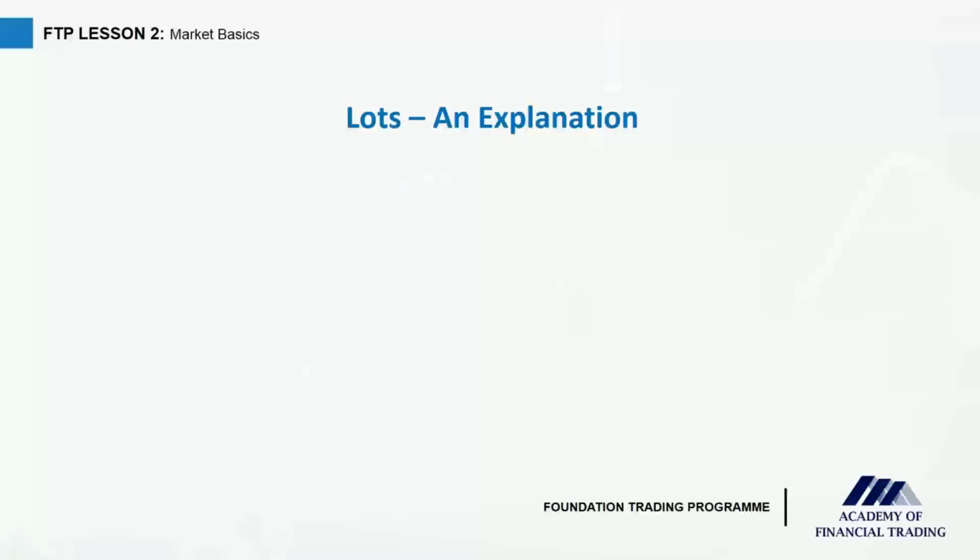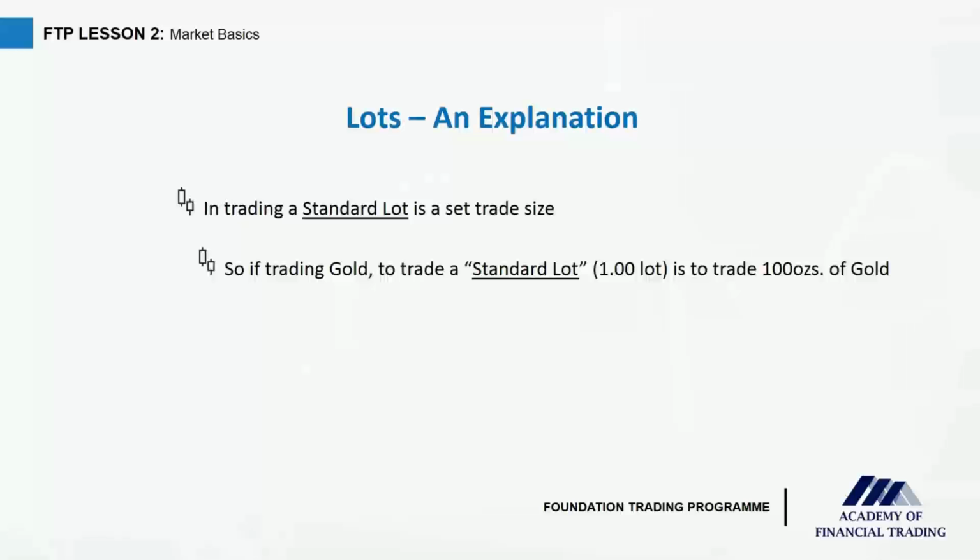A standard lot, let's say in a foreign exchange market, would be 100,000 of that currency. So if you were to buy one standard lot of euro US dollar, you would be buying 100,000 euros worth of dollars.